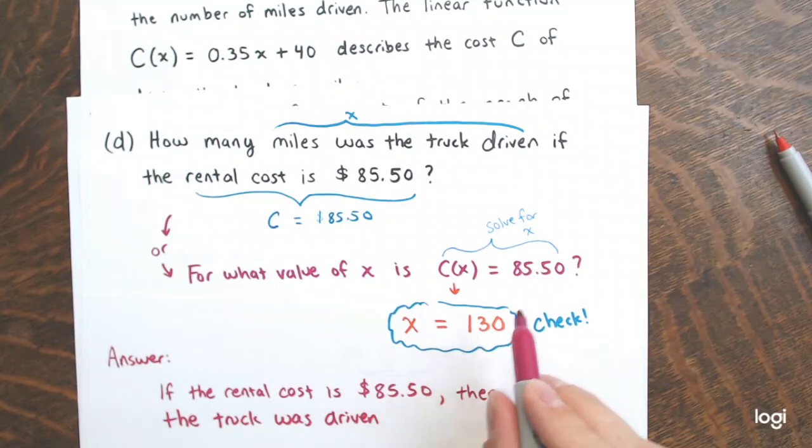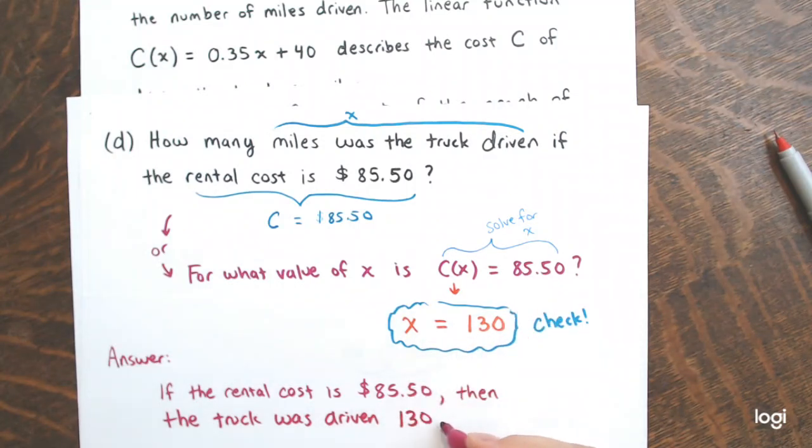That's the value of x that makes the cost 85.50. 130 miles. Remember, this x represented the number of miles you drove.